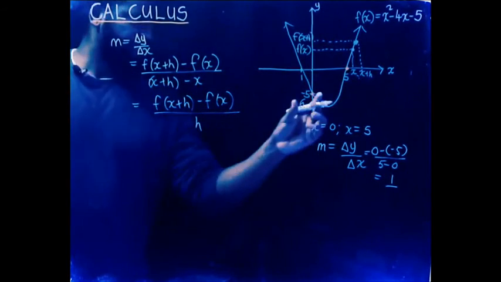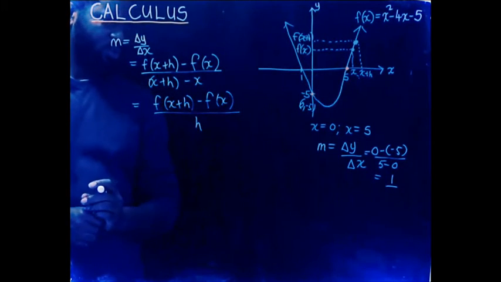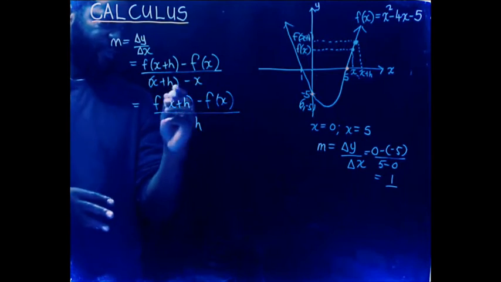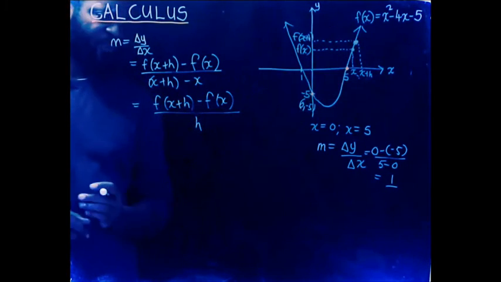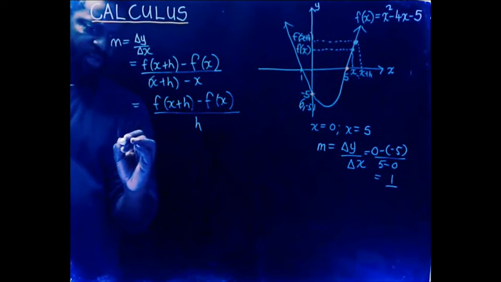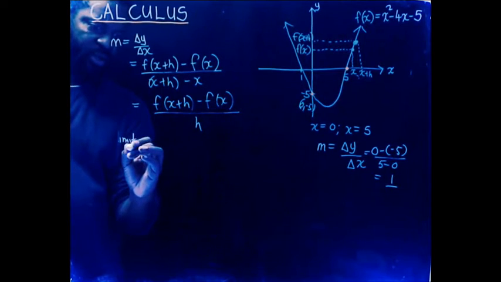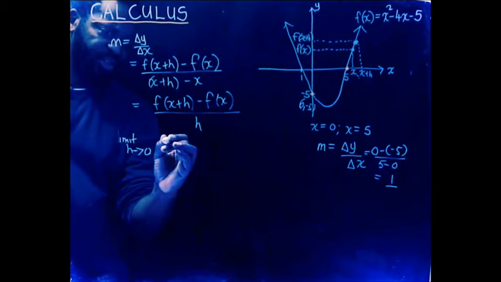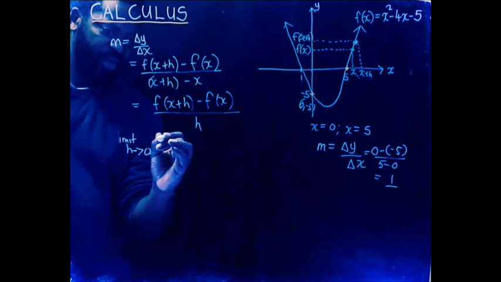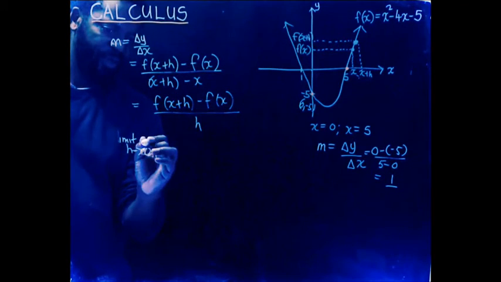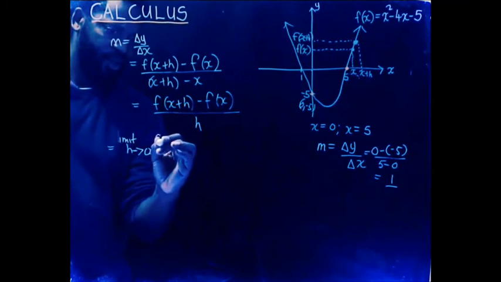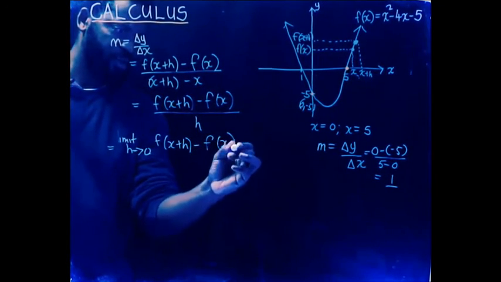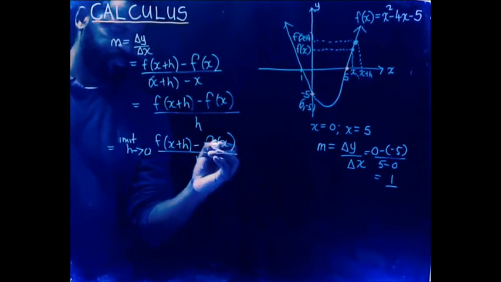Now, if we shrink this h to 0, make h approach 0 as much as possible, then it means we have a formula to calculate the gradient at that point. So this formula becomes the limit as h approaches 0 of f of x plus h minus f of x, all over h.